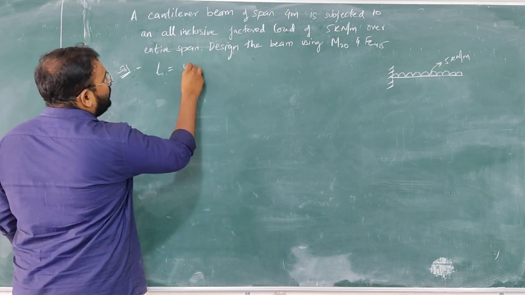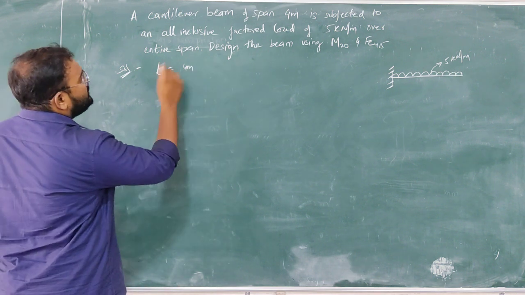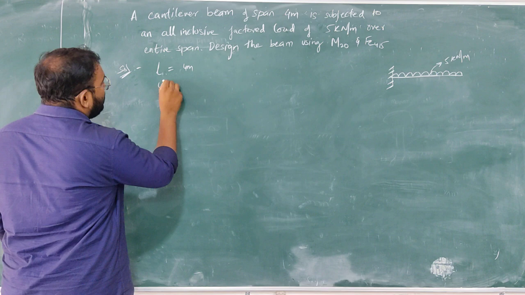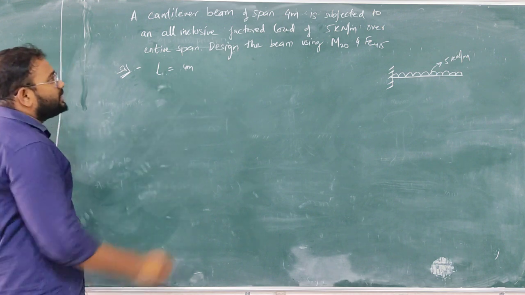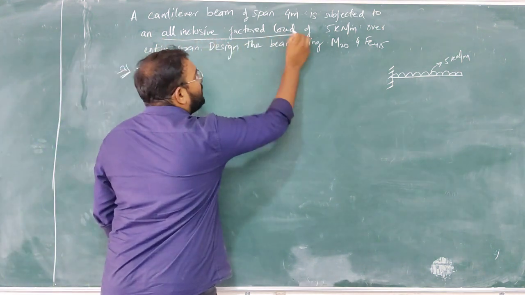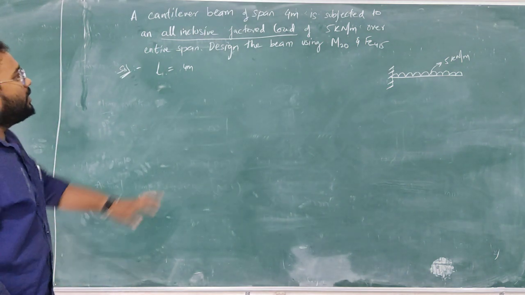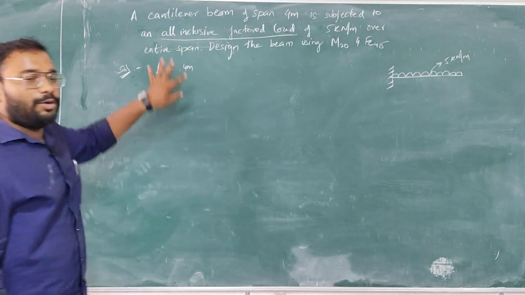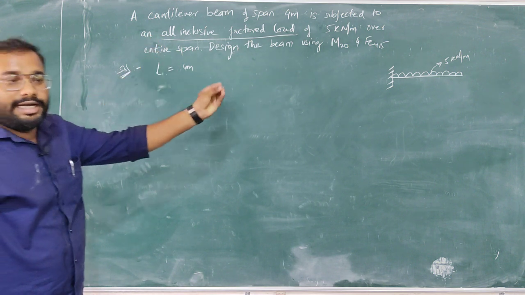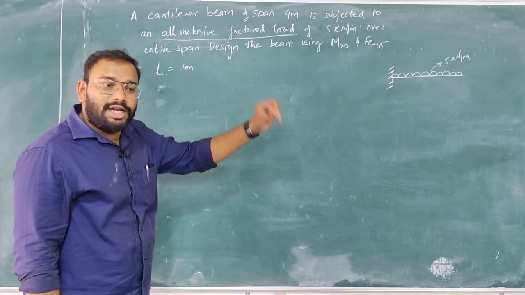It is given as 4 meters. See here what is mentioned: all-inclusive factored load. Very important condition here. What do you mean by all-inclusive? All-inclusive means it includes dead load and live load.